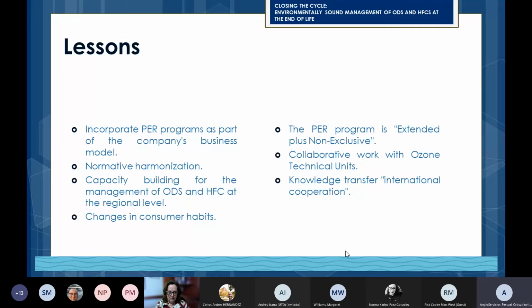I'd also like to say that it's important to develop actions and strategies to bring changes to populations' consumption patterns. That's probably one of the biggest challenges we have to face.